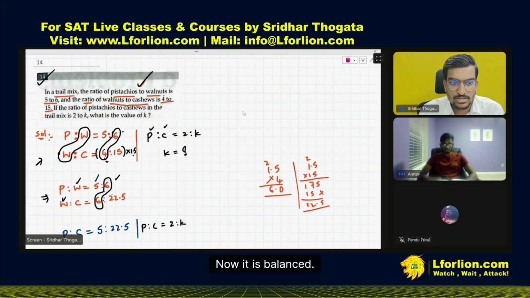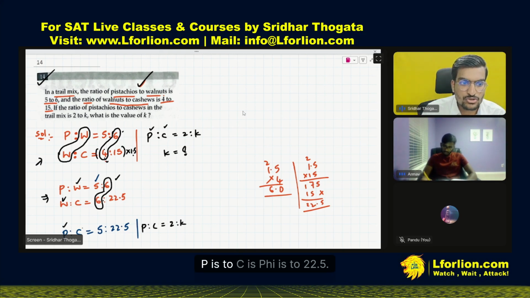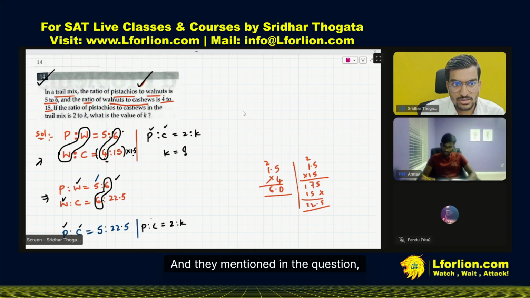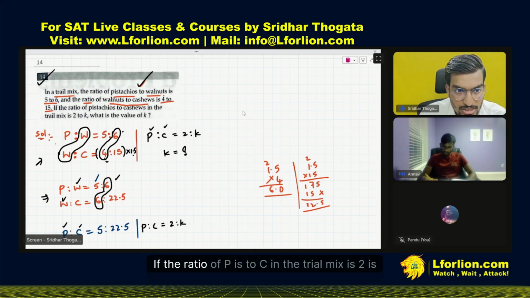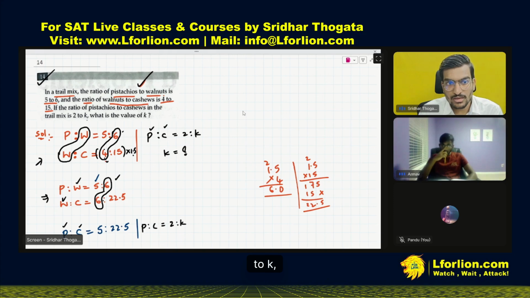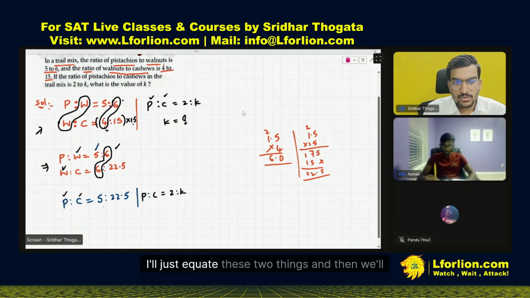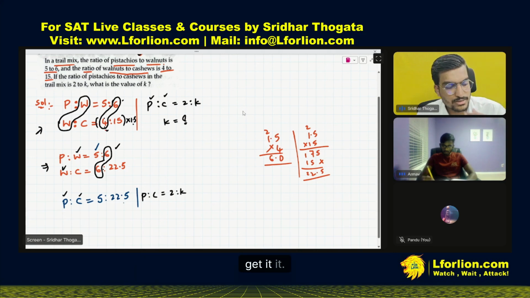In the same way, now it is balanced. We can take P is to C as 5 is to 22.5. And they mentioned in the question, if the ratio of P is to C in the trail mix is 2 is to K, what is the value of K? I'll just equate these two, and then we'll get it.